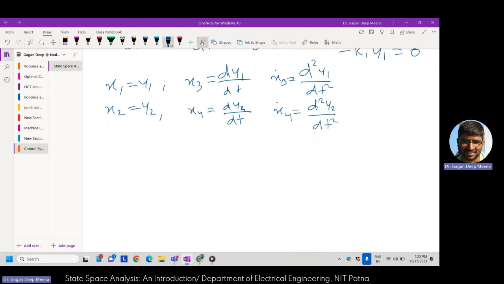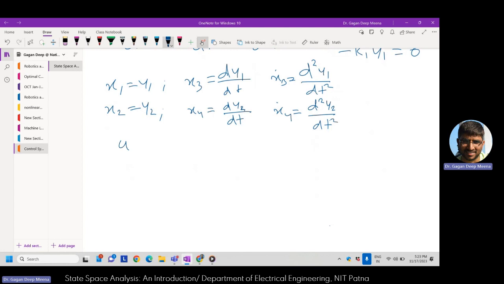So we are rewriting equation 1 in the form of u and x, as x dot equals f of x comma u, your first order differential equation as a function of state and input variables.